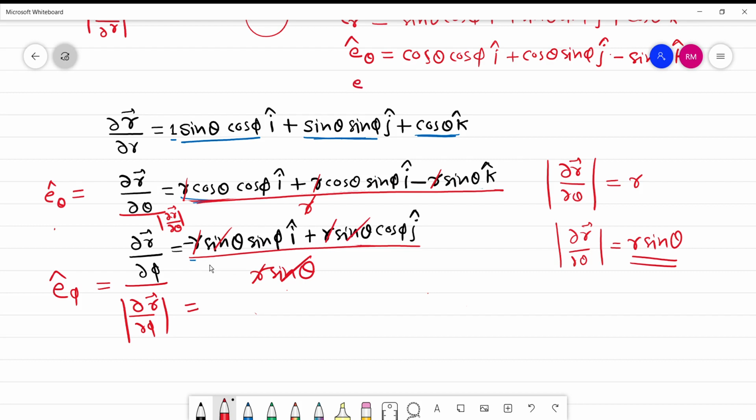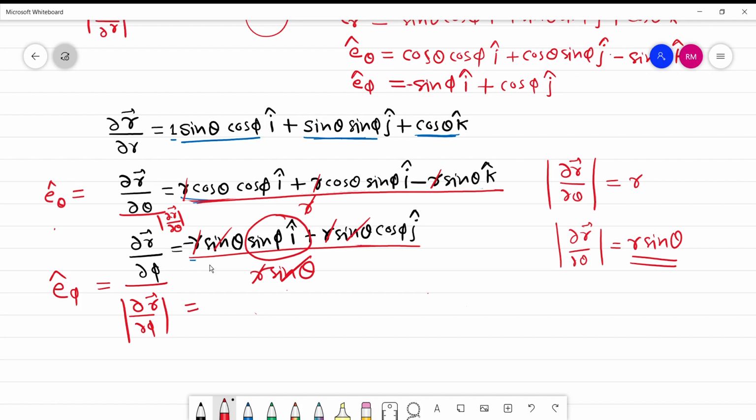So the third equation will be, I will write it here, e phi cap, which is equal to, here the first term is minus sine phi i cap, and then the second term is plus cos of phi j cap, and you shouldn't forget there is a negative sign over here.